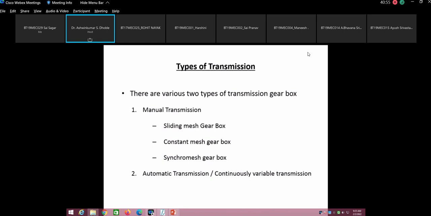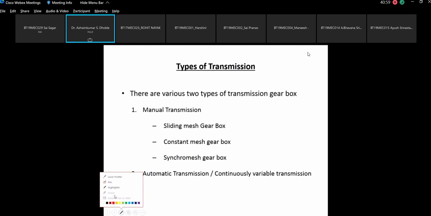In this series, you will find that these last two gearboxes, the constant mesh gearbox and the synchro mesh gearbox, are almost the same, with slight variation. Whereas this is the sliding mesh gearbox. This was in use, but now people don't use that. People use the constant mesh gearbox.